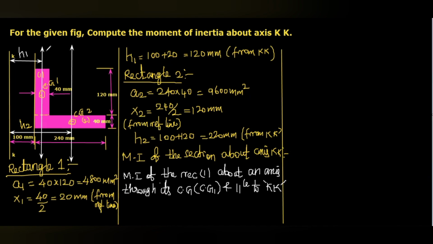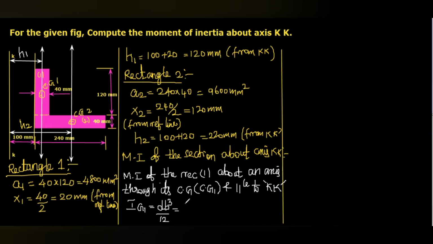That is IG1. The formula will be db cube by 12, because this is parallel to the vertical axis. So db cube by 12.